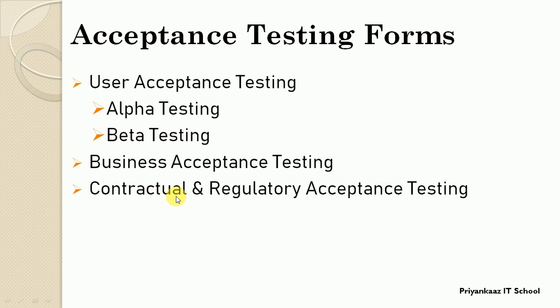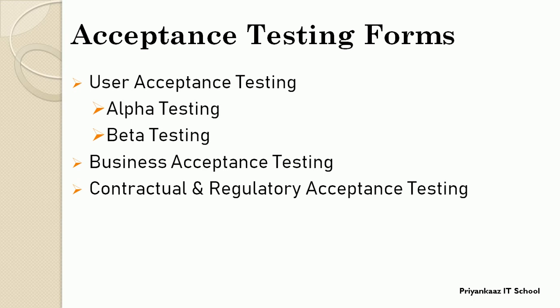In contractual acceptance testing, the contract specifies that once the product goes live, within a predefined period the acceptance test must be performed and it should pass all the acceptance use cases with respect to the acceptance criteria. Whatever criteria they define, based on that they need to verify whether the software meets all the requirements or not.